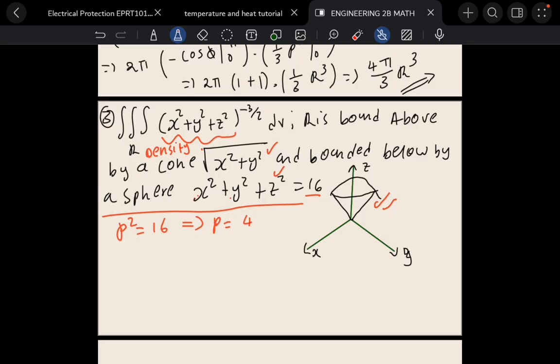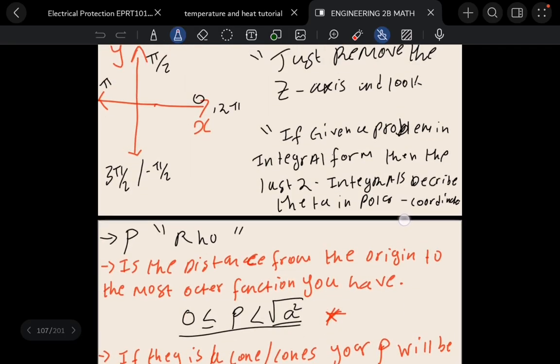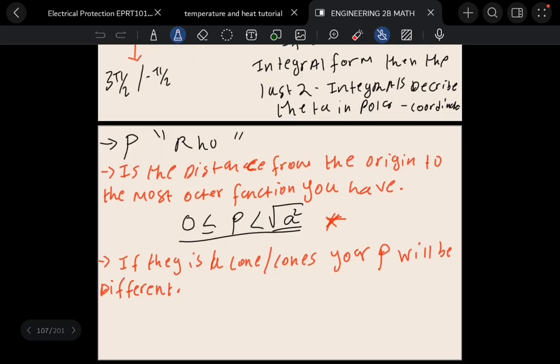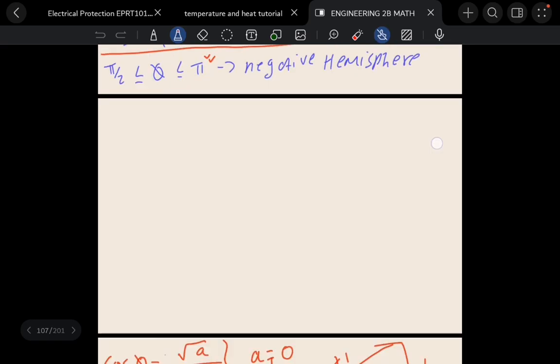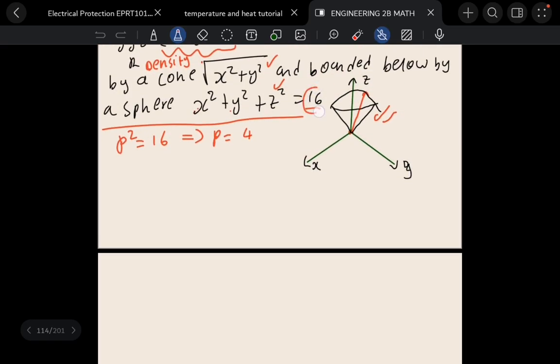Rho is the distance from the origin to the outermost function you have. So the square root of 16 is just 4, which is the upper bound for rho. So rho will be bounded from 0 to 4.